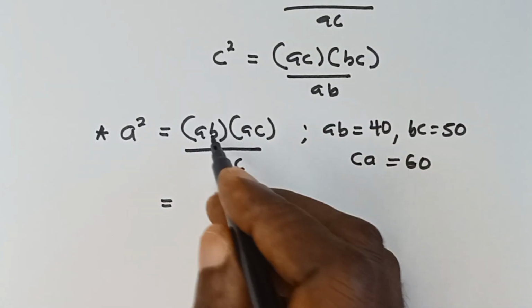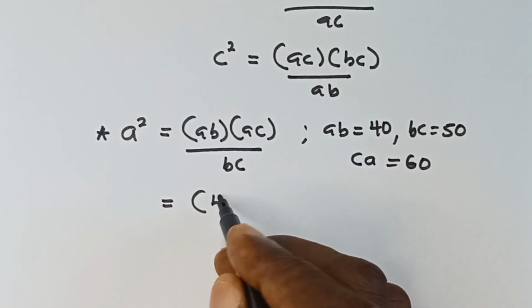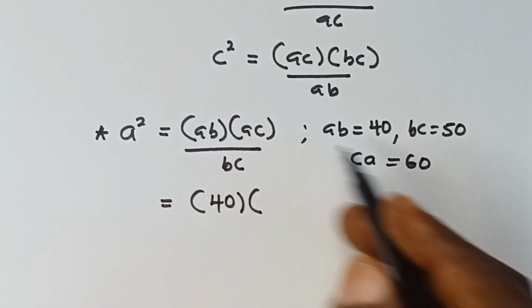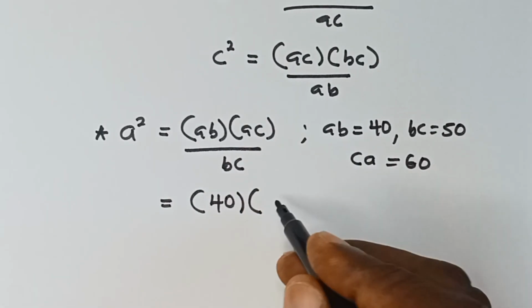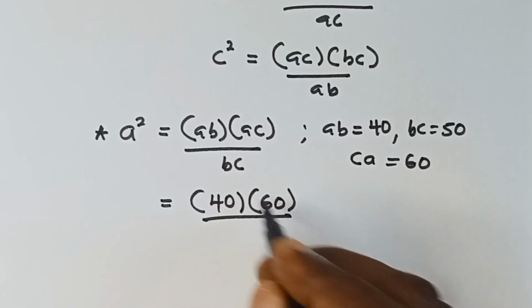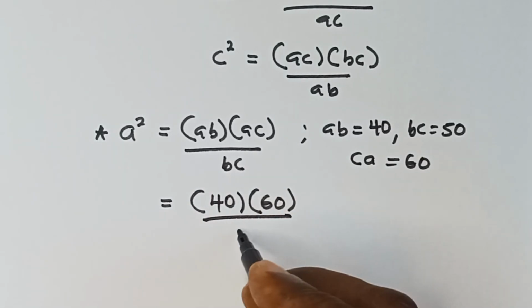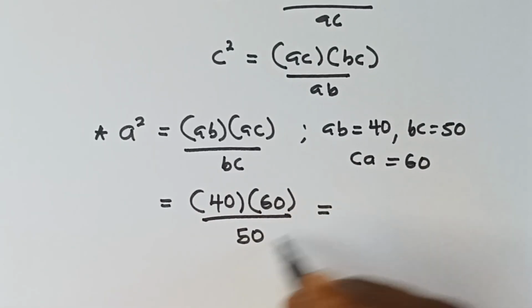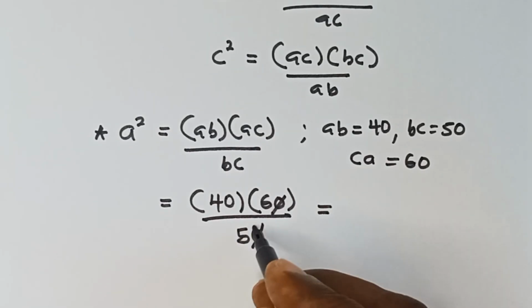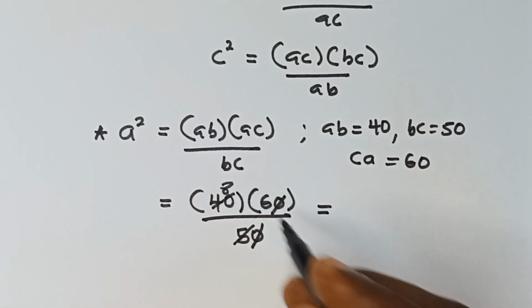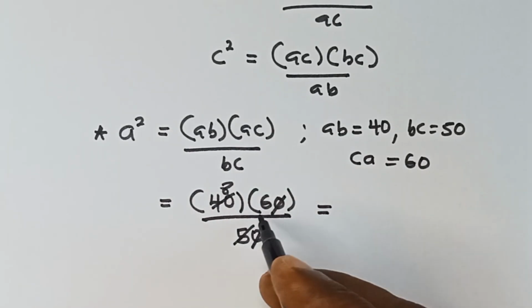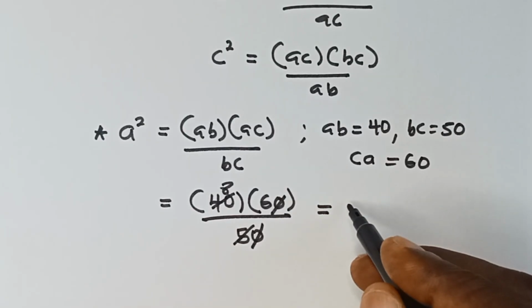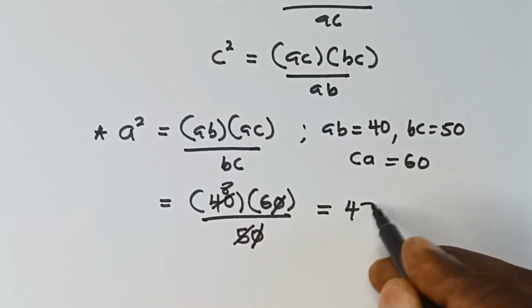So what is our AB? It's 40, so we have 40 multiplying AC, which is 60, over BC, which is 50. By the time we divide this, 5 in 40 is 8, so we have 8 times 6. That means A square equals 48.